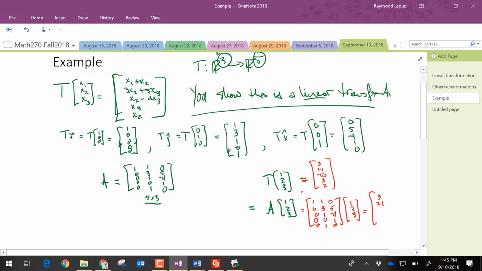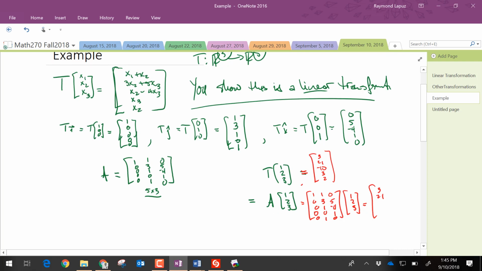And we're going to get 0 plus 2 plus negative 12. We're going to get 3 and 2. So they are equal to each other, and that's not really a proof, but this is just to illustrate that the transformation and the matrix are producing the same results.